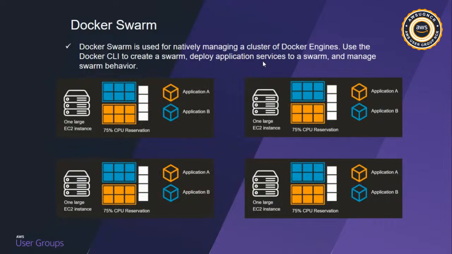Okay, so Docker Swarm. If you need to quickly set up a container orchestration environment, Swarm is a great option because you can spin up an environment with minimal configuration. You can add nodes and deploy services rapidly, I would say.